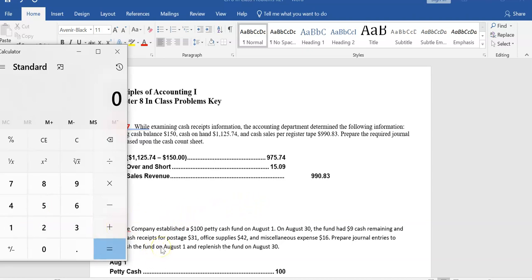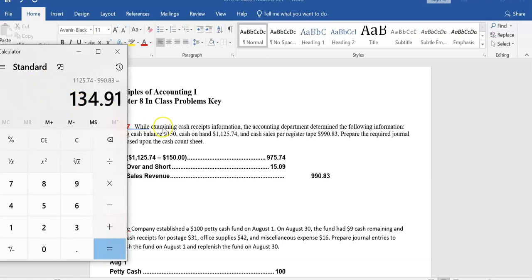But there was a beginning balance in cash of $150, and the cash on hand, let me actually do it this way. There was cash on hand of $1,125.74, and the sales register tape showed $990.83 in sales.